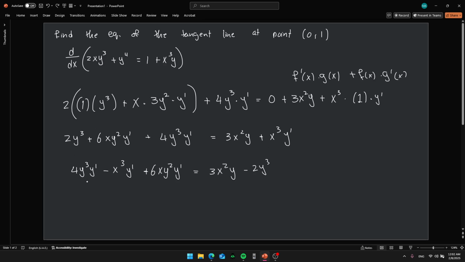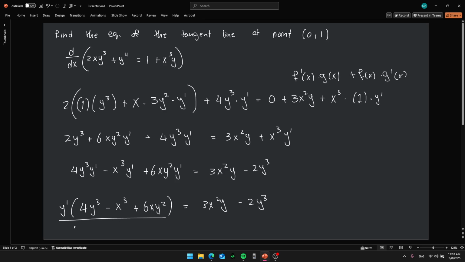Now it's correct. Now notice that these three terms have y primes in them. So let's take it as a common factor. So I'm left with 4y cubed minus x cubed plus 6xy squared equal 3x squared y minus 2y cubed.